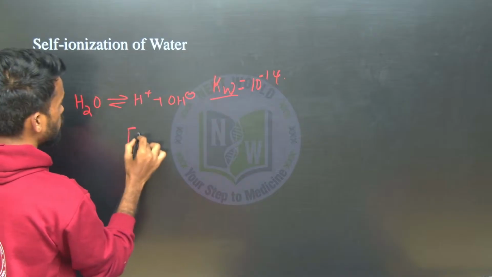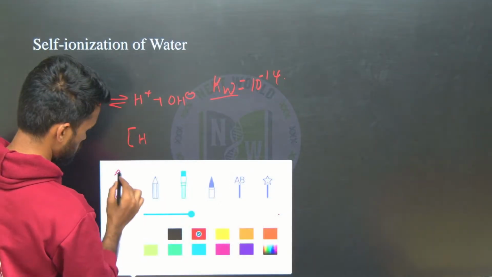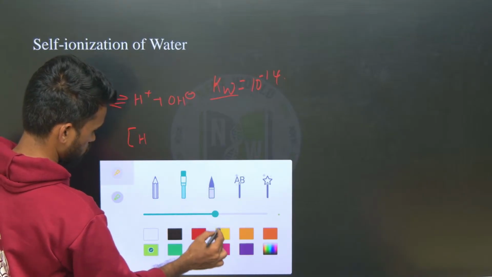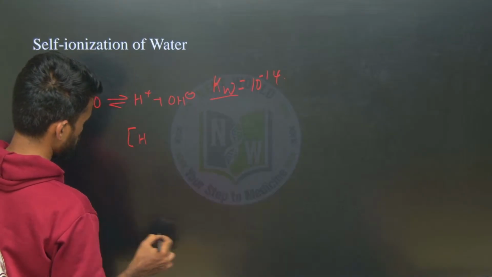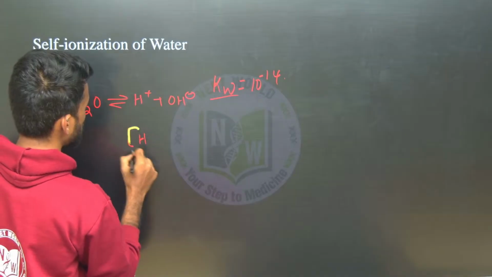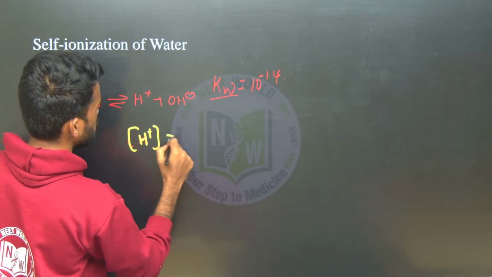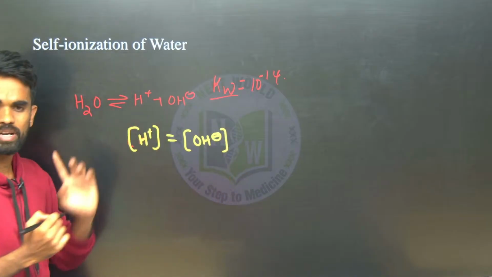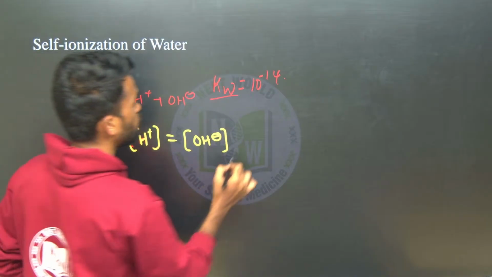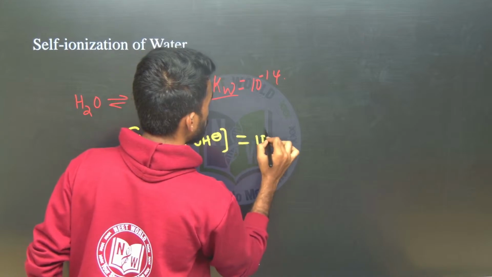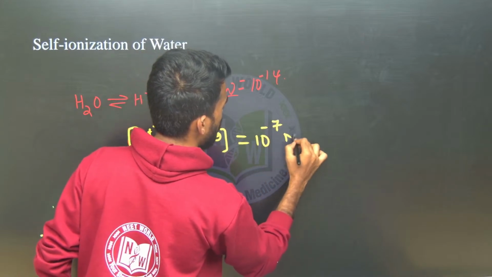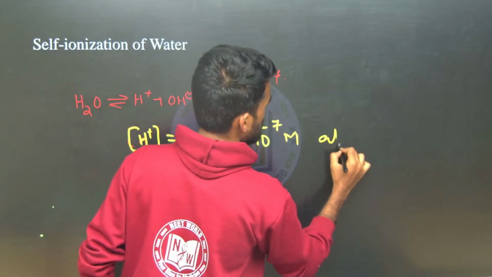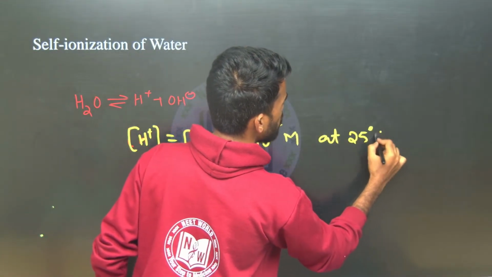The concentration of H plus and the concentration of OH minus ions are the same, and the number of H plus and OH minus ions are also the same. Therefore the resultant solution will be neutral, with 10 power minus 7 molar concentration. This is at 25 degrees Celsius. This is what we have discussed.